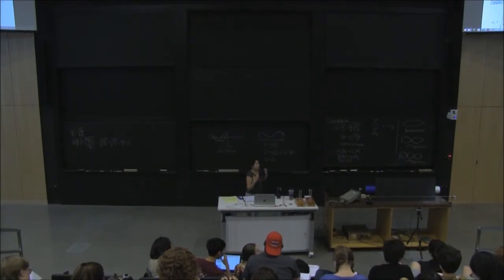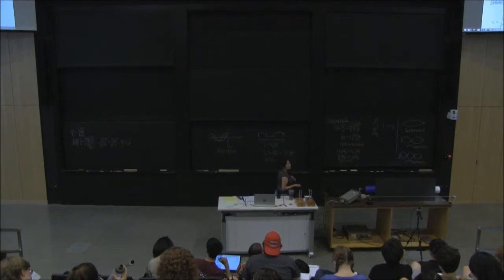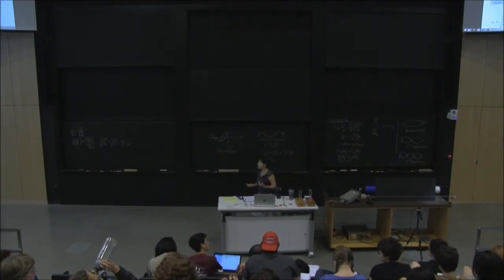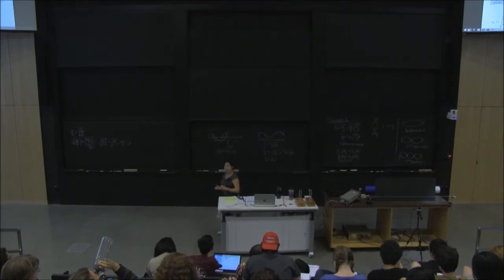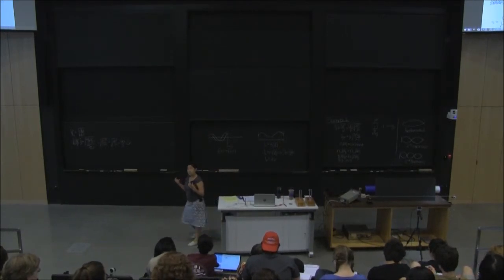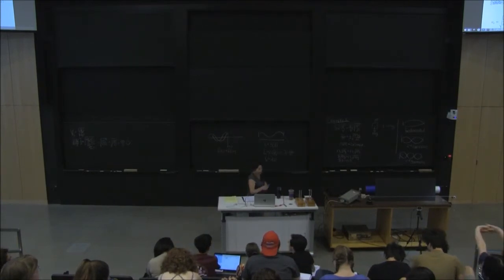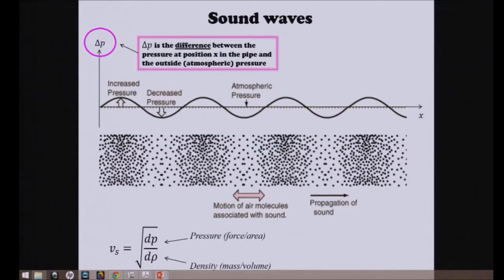Essentially, like I said, we're talking about waves propagating through material. The speed of these waves has to do with how stiff the material is and also the inertia of the particles. Let's see how that relates.